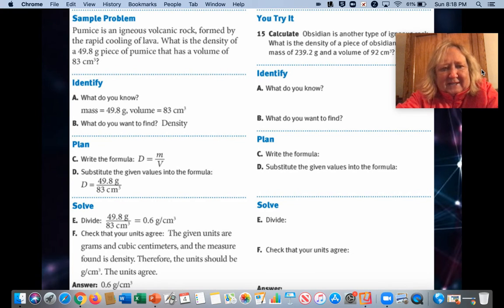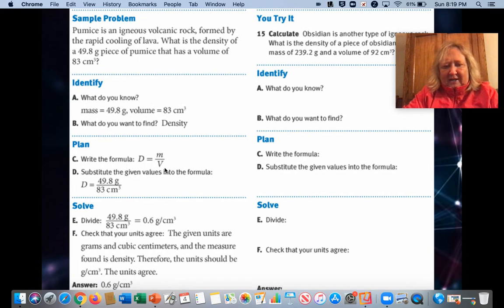So we have the mass, 49.8, and it has a volume. The problem wants to know, or the book would, as they walk you through it, they always ask, what do you know? Well, we know the mass and we know the volume. And we want to find density, because the question is asking, what is the density?